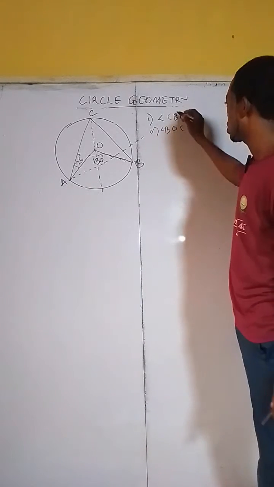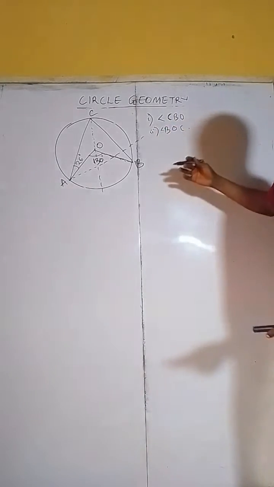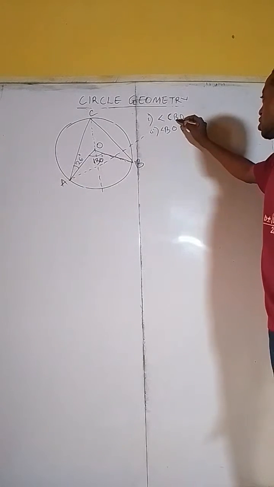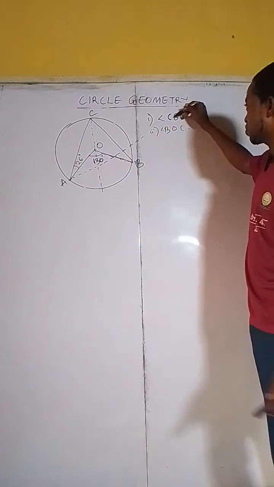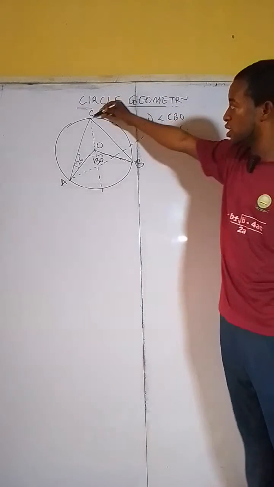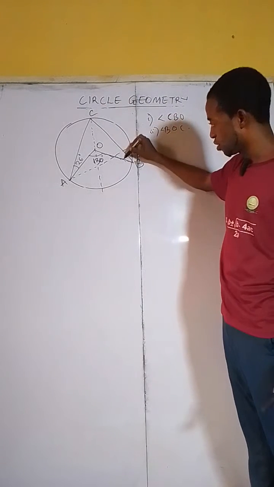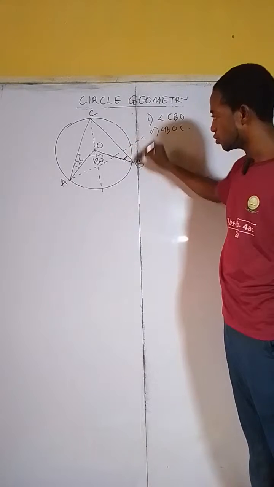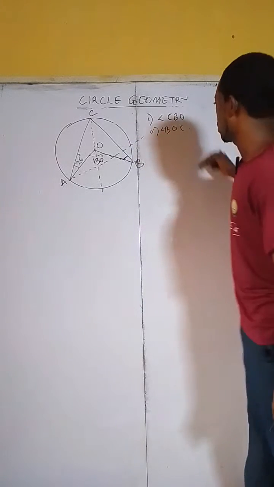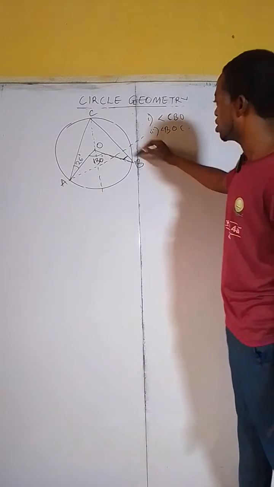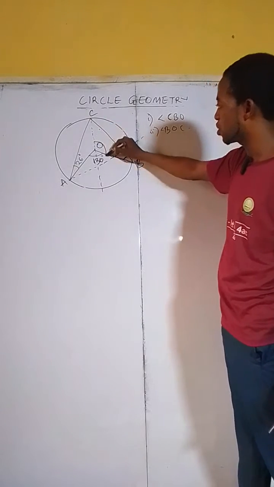The first angle, CBO, when we have three letters like this, is referring to the one at the center, connected from this to this. So we are finding this angle. And also, we are finding BOC, this angle as well.